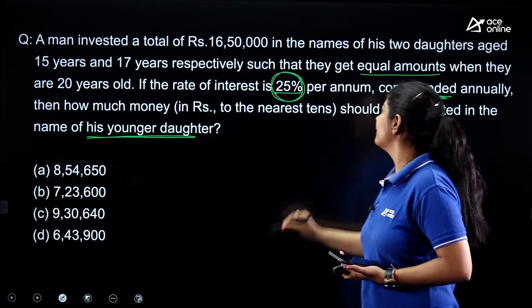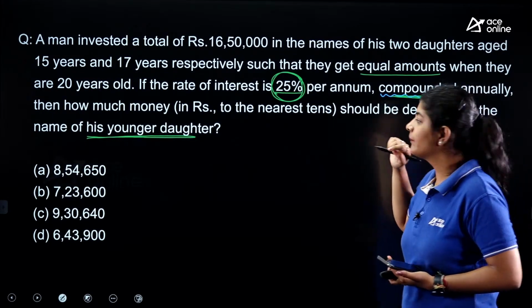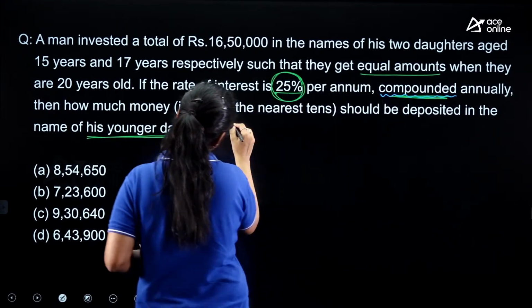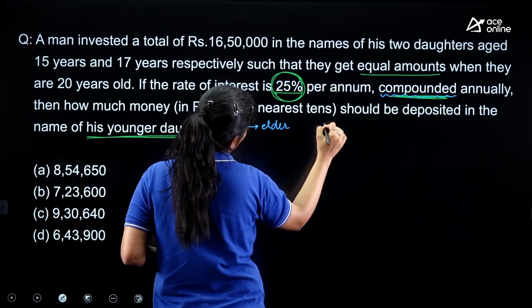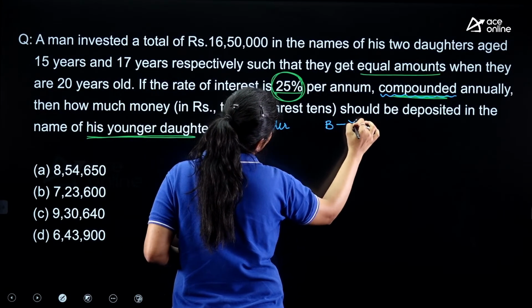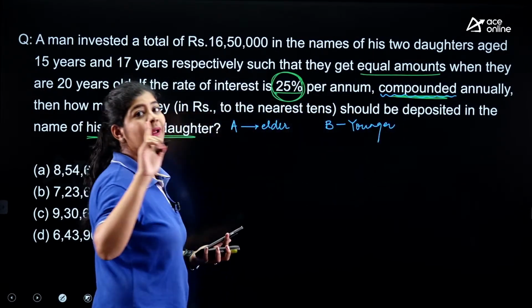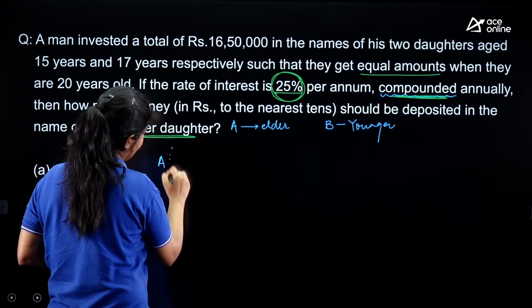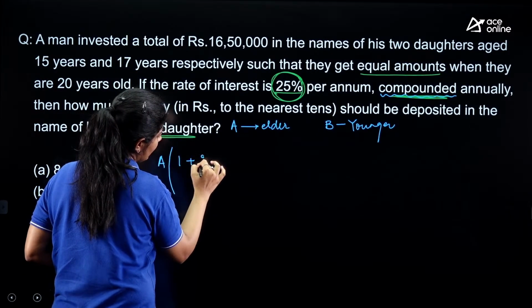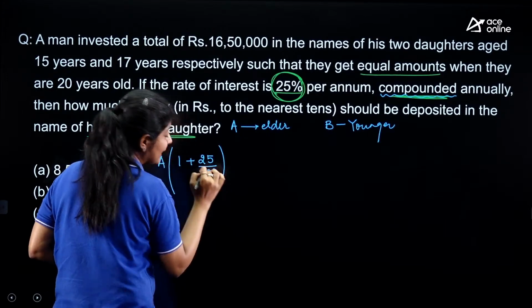Here we need to apply the concept of compound interest, right? So I'm just assuming that A is the elder daughter and B is the younger daughter, right? And they got equal amounts, right? So for A, I can write 1 plus 25% rate of interest, and for how many years?